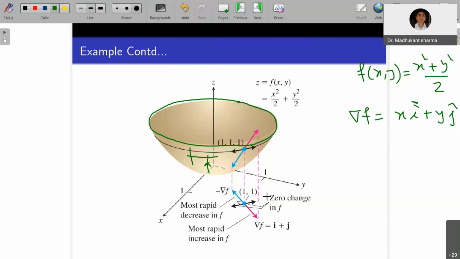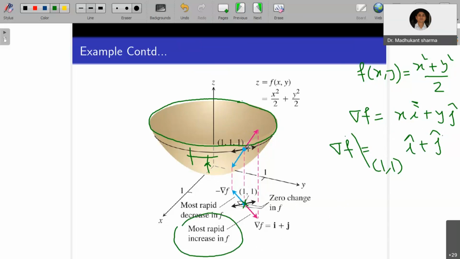Now you are supposed to identify the change at the point 1 comma 1. So grad f direction at 1 comma 1, with x equals 1 and y equals 1, is going to be i plus j. This is the direction where you will see the most rapid increase in f.